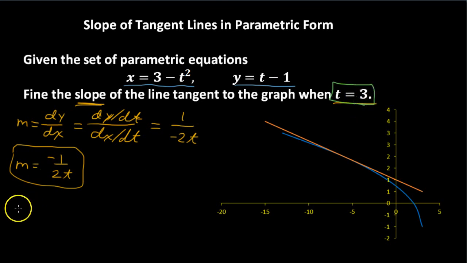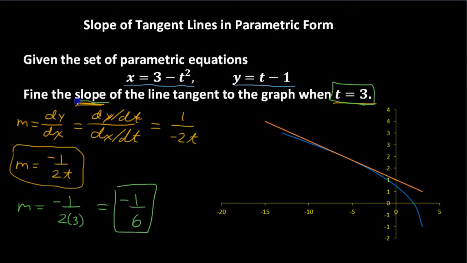When t equals 3, the slope equals negative 1 over 2 times 3. So the slope is negative 1/6. And that answers the question of what is the slope. If that's all you're asked, then don't worry about anything else. Just jump to it, get the slope.